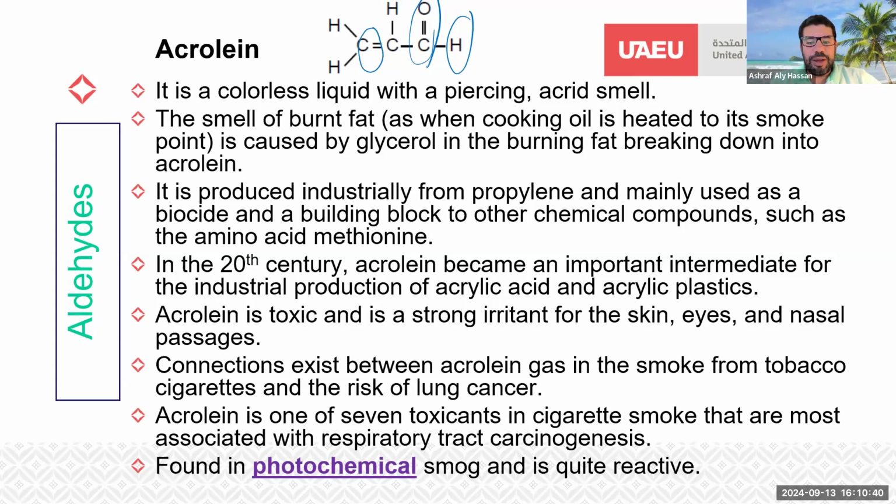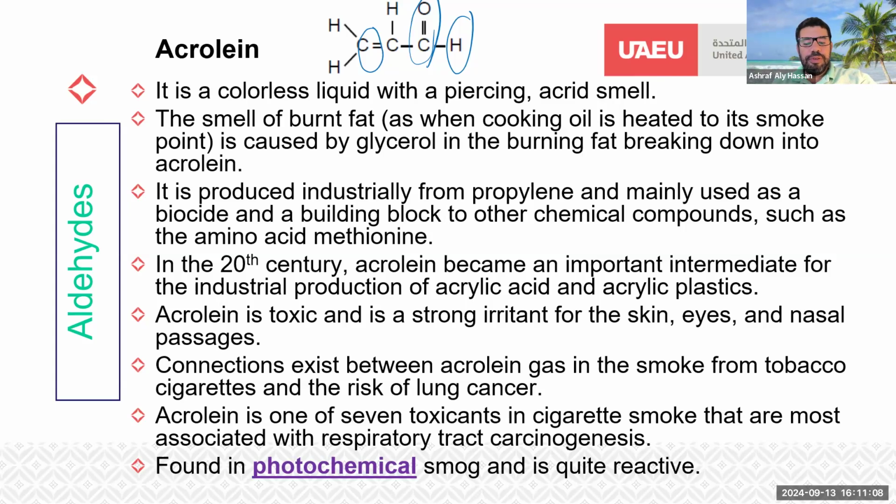Connections exist between acrolein gas and the smoke from tobacco cigarettes and the risk of lung cancer. So if you're smoking and you're getting cancer, know that acrolein has something to do with it. Acrolein is one of 7 toxins in cigarette smoke that are most associated with respiratory tract carcinogenesis, and it is also found in photochemical smoke, which we will talk about later in the course.